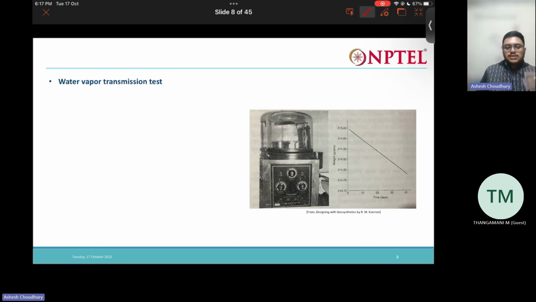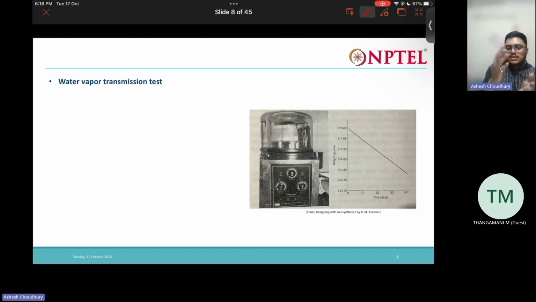In the water vapor transmission test, there are two ways to do it. One thing we can do is we have a cup. You can fill the cup with water and cover the cup with a geomembrane layer, and outside you have normal air. Inside the cup you have water, so that means 100% relative humidity.